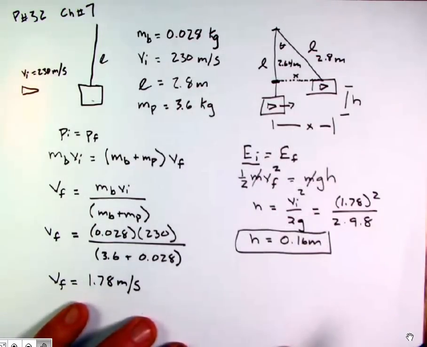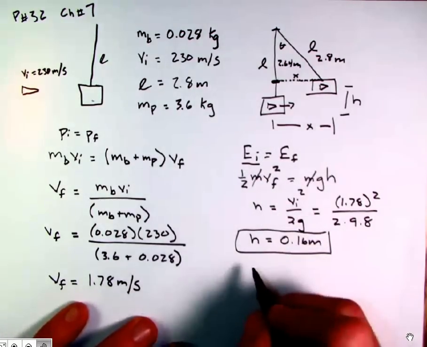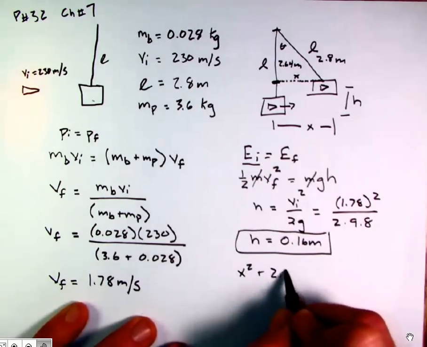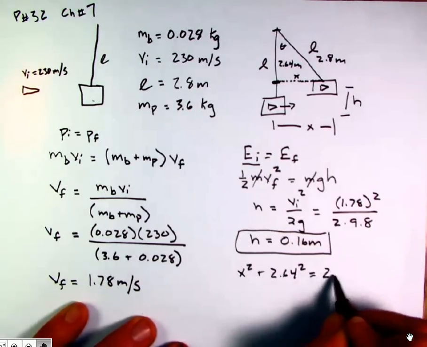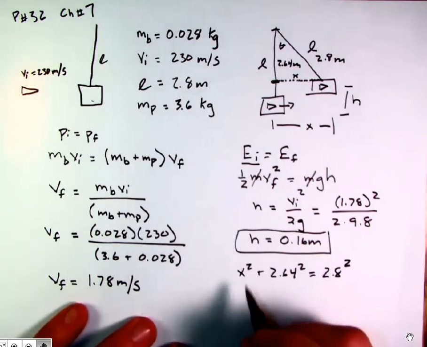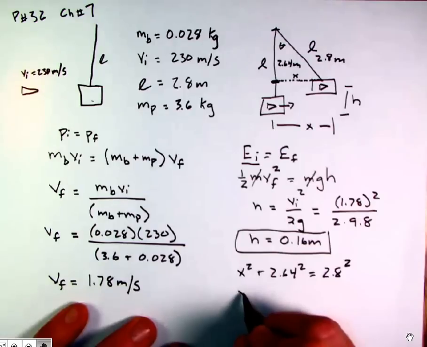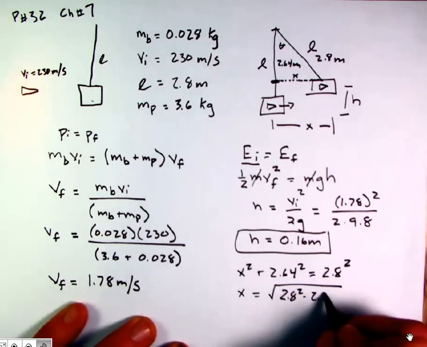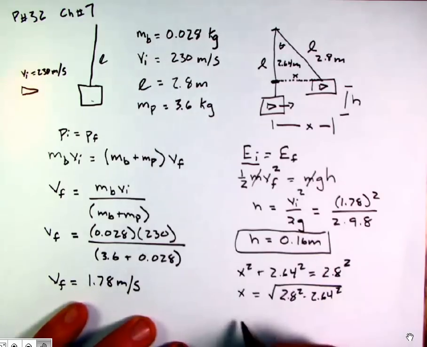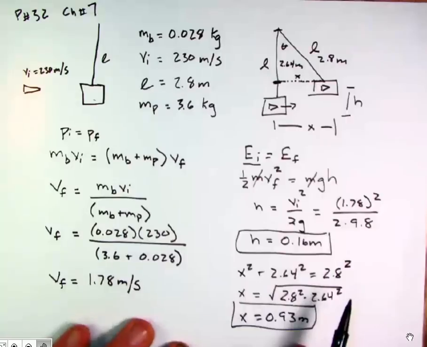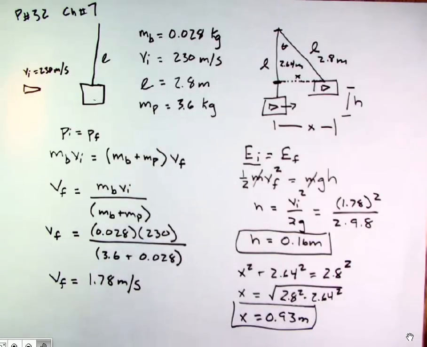This turns into a good old Pythagorean theorem problem: X squared plus 2.64 squared equals 2.8 squared. So X would be the square root of 2.8 squared minus 2.64 squared, and we get that X is 0.93 meters. That is the horizontal displacement of the bullet-block system.